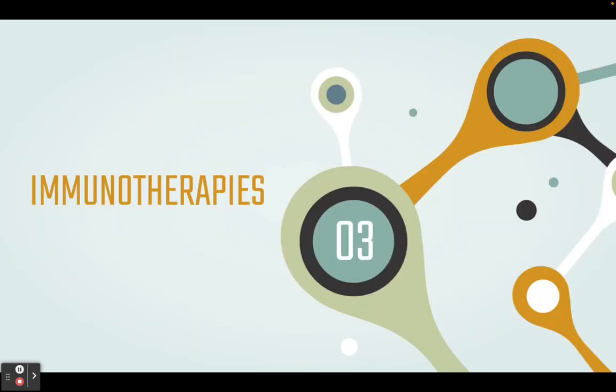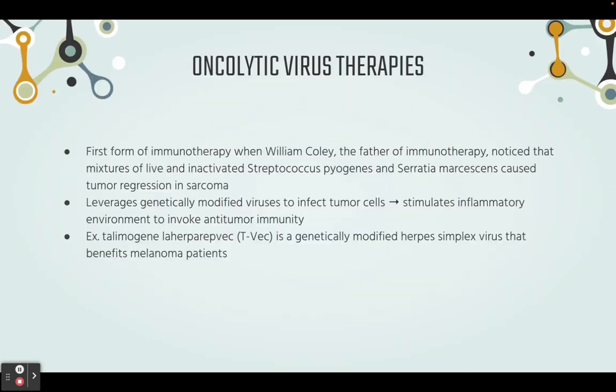So what are immunotherapies? Immunotherapies in general are a very exciting new field of research in the immunology world. And there are a couple of different types. First, there are oncolytic virus therapies. This is the first initial form of immunotherapy that was discovered, when William Coley noticed that mixtures of live and inactivated combinations of strains of bacteria cause tumor regression in sarcoma.